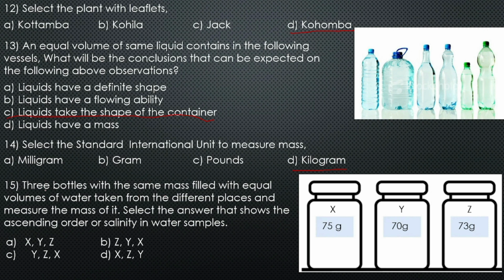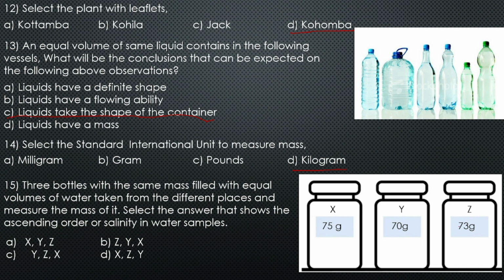Question number 15. 3 bottles with the same mass filled with equal volumes of water taken from different places and measure the mass of it. That shows the ascending order of salinity in water samples. X, so it has already 75 gram of salt. Y 70 gram, Z 73 gram.